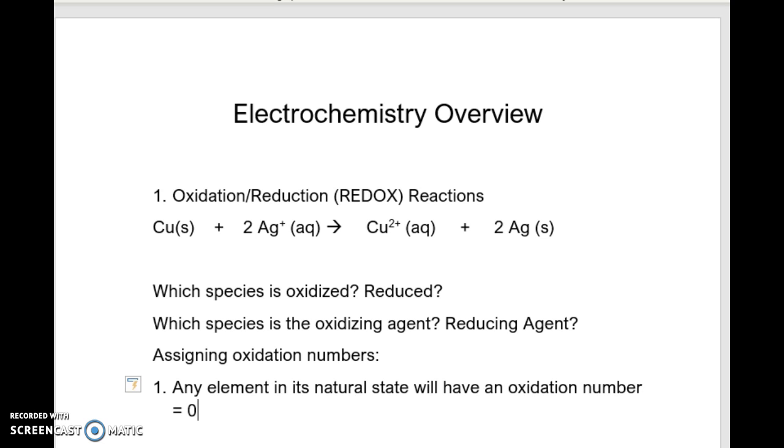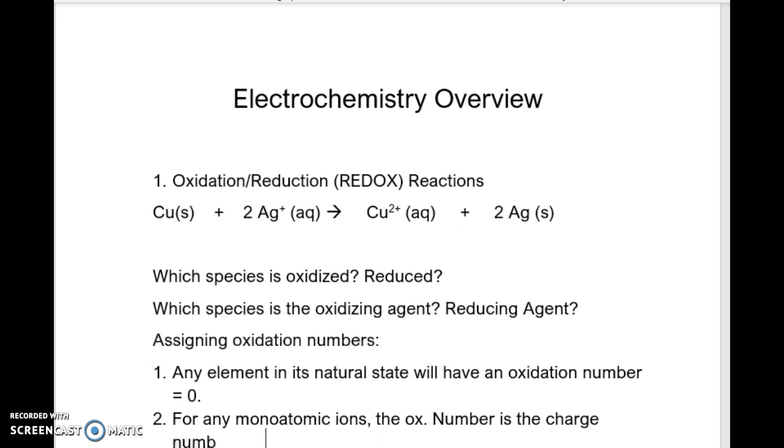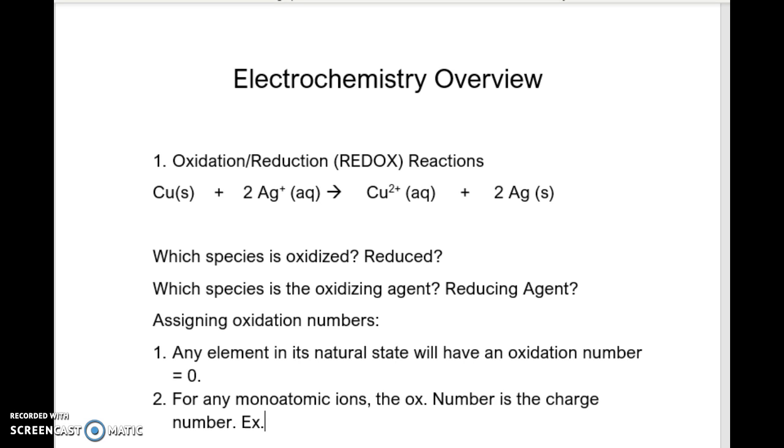And other things like that. The other rule is that for any monoatomic ions, the oxidation number is the charge. So for example, if you have Li+, that's one atom, and it's an ion. So the oxidation number for this species is going to be +1, just the charge, right?